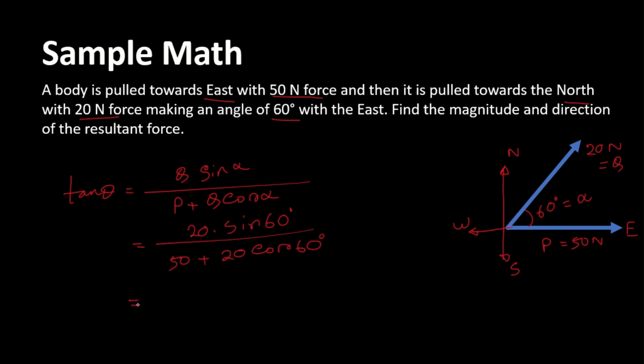So the value is approximately 0.288. Therefore, theta equals to tan inverse 0.288. So the direction of resultant is 16.066 degree.